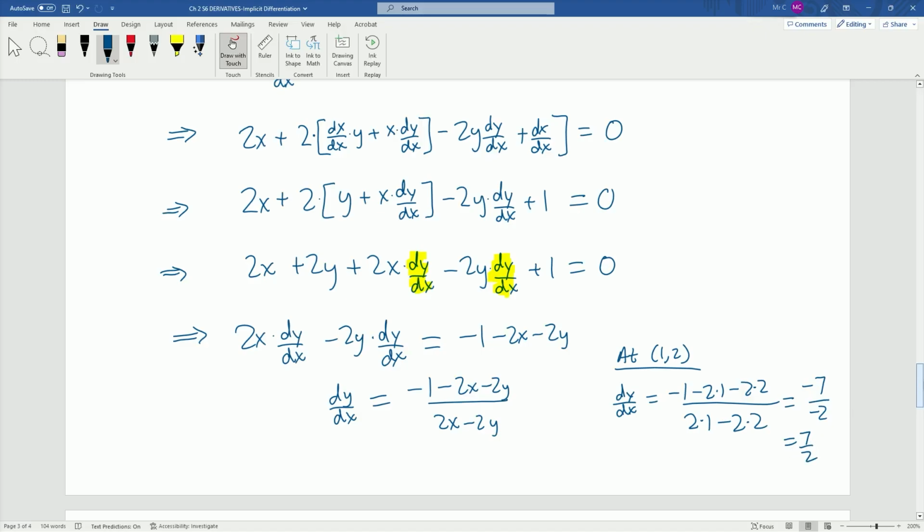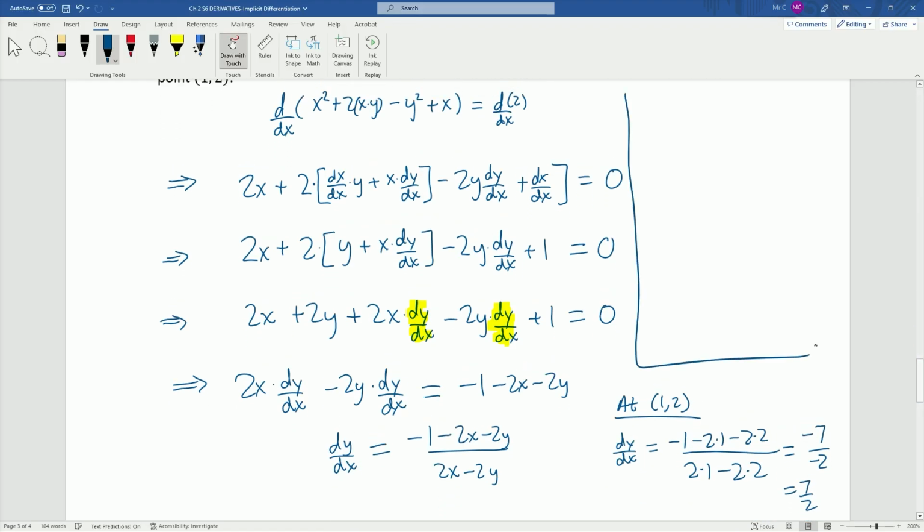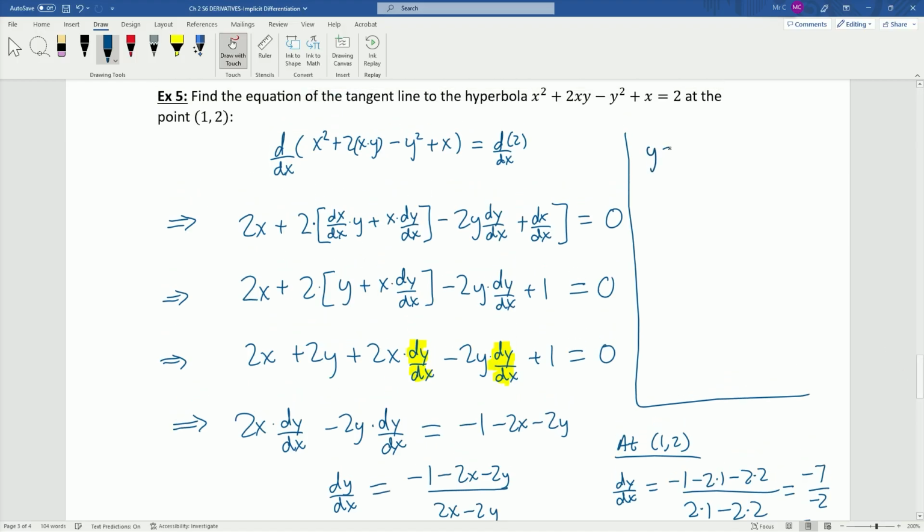I perhaps should have given myself a little more space to work with, but I'll go ahead and finish the tangent line part here. Because all we need is y equals f prime of 1. Well, let's just write m, because technically this is not a function. y equals m times (x minus 1) plus 2.